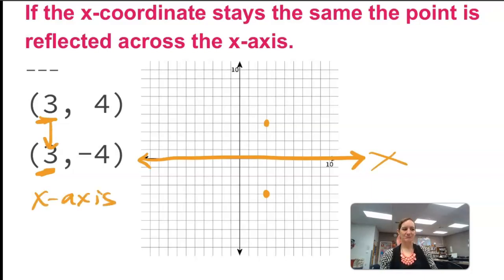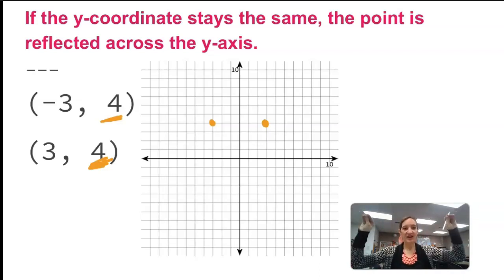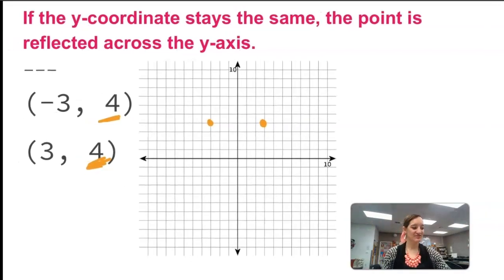Let's try that with y's now. What if we kept y's the same? What if we went (-3, 4) and (+3, 4)? So this time our 4 stayed the same. They both took the elevator up to 4, but one went left 3, one went right 3. They're reflections, aren't they? And it's true.